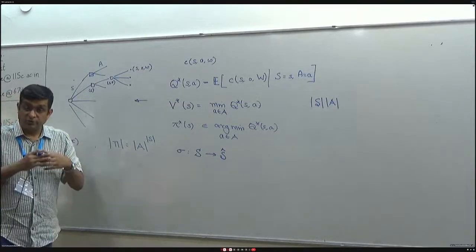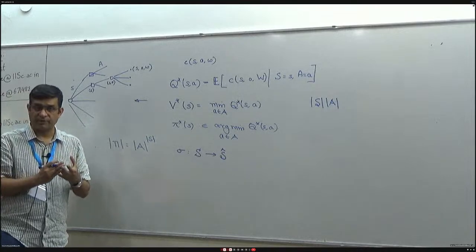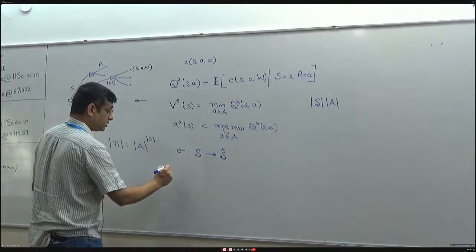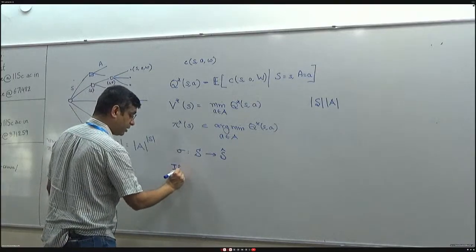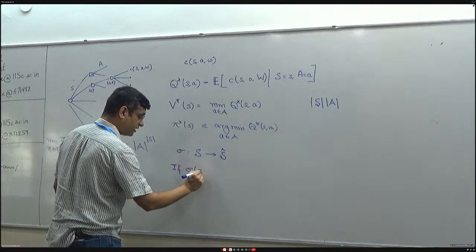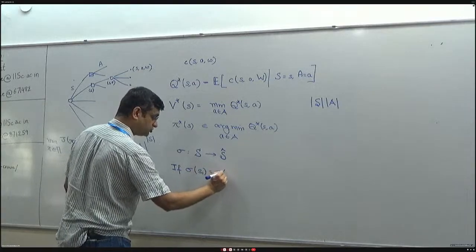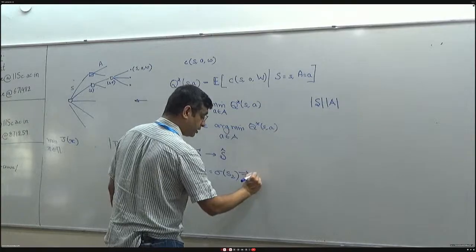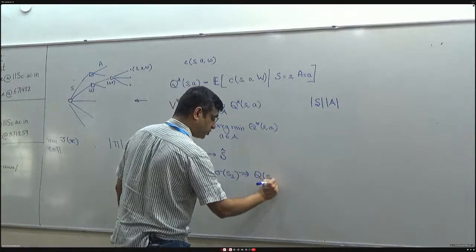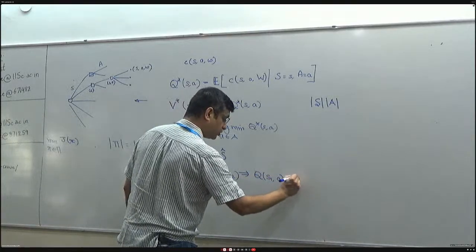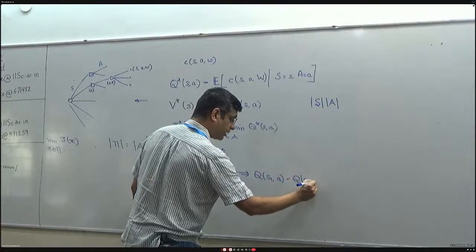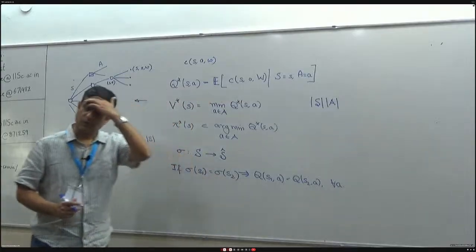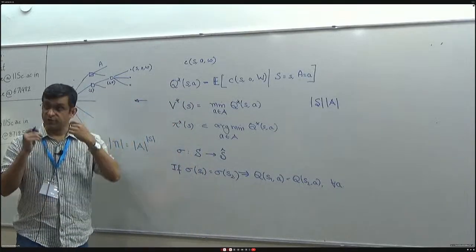But this could be any function which compresses information, which has the following property: that if sigma of S1 is equal to sigma of S2, that implies Q of S1 and A is equal to Q of S2 and A for all A. Okay? This was the case which happened in our last example.